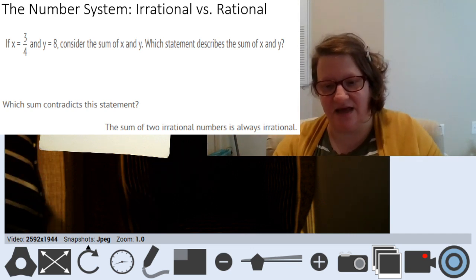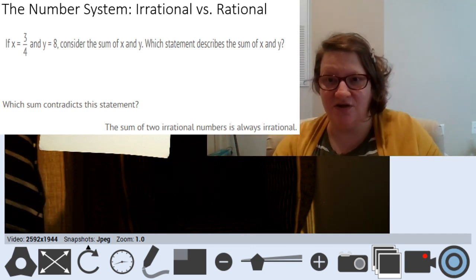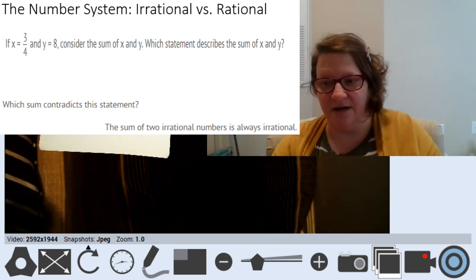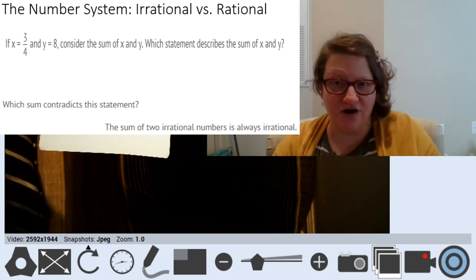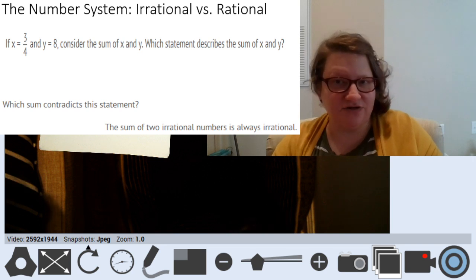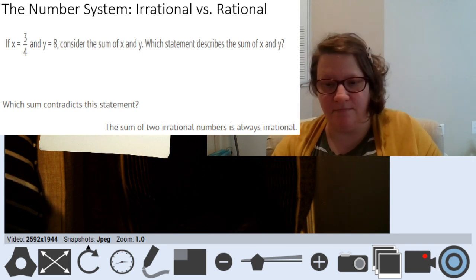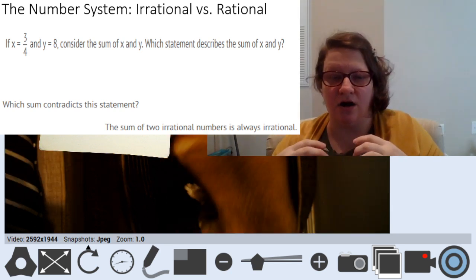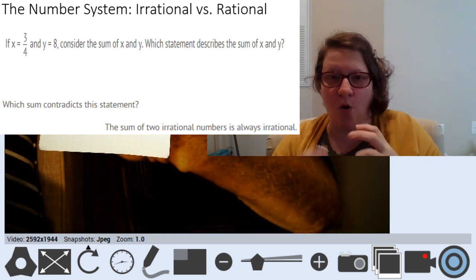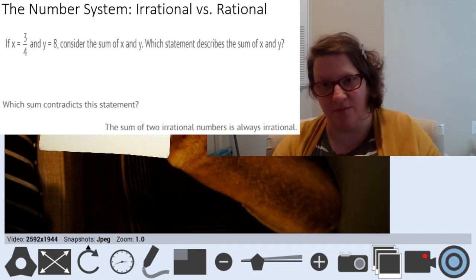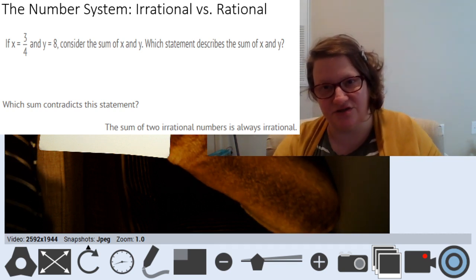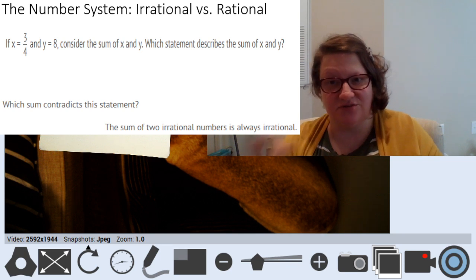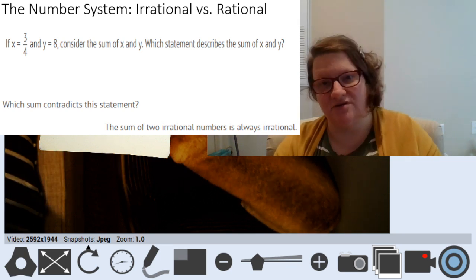And you can simply Google those rules. You can take a look at your notes. One of the things that we learned for sure is that irrational numbers under addition and subtraction are not always going to generate an irrational number. They will sometimes generate a rational number, whereas rational plus rational will always result in a rational number.